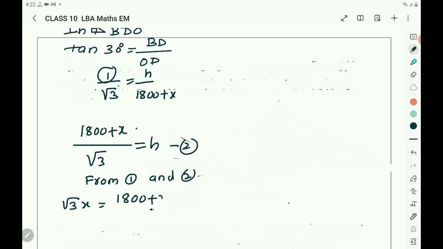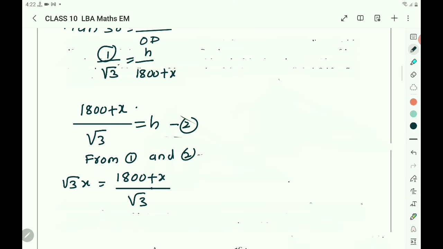Root 3 into root 3 is 3. 3x equals 1800 plus x.